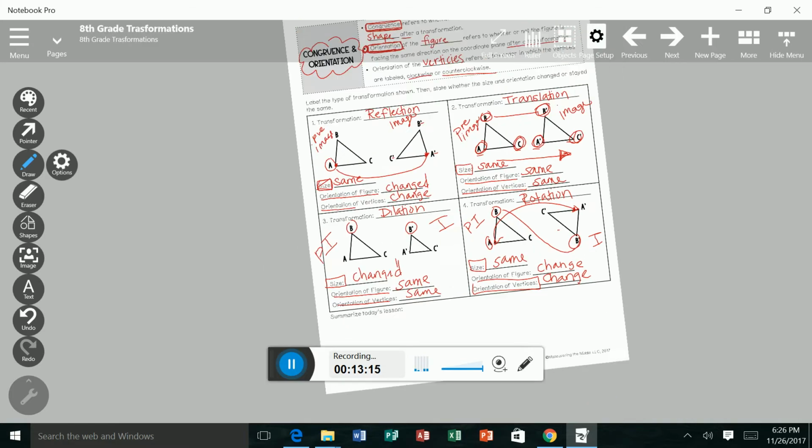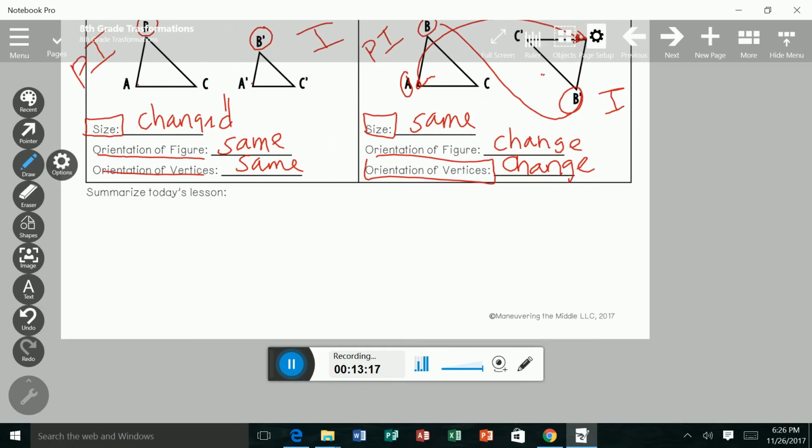Okay. Real quick, summarize it. You have 4 types of transformations. Okay, write them down. 1, 2, 3, 4. Okay. Then I want you to think about the difference of orientation versus congruency.